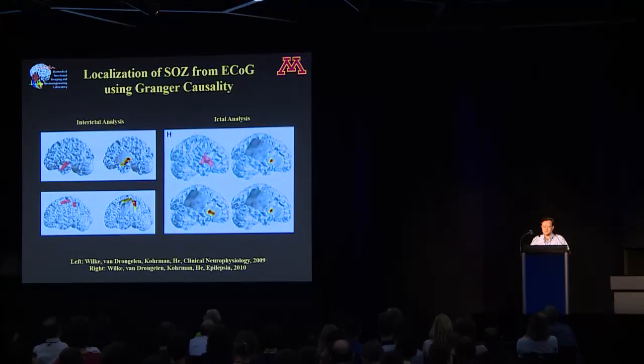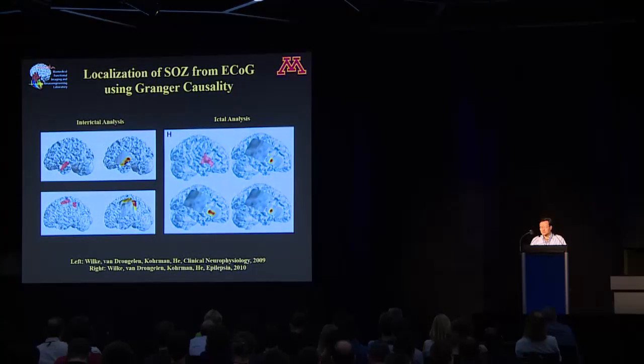In this particular case, the left side of this panel shows analysis of ECoG data over the brain surface, directly analyzing interictal spikes. On the left is the clinically defined seizure onset zone, and on the right of the left panel, the Granger causality analysis derives the outflow region, which coincides reasonably well with the clinically defined seizure onset zone.